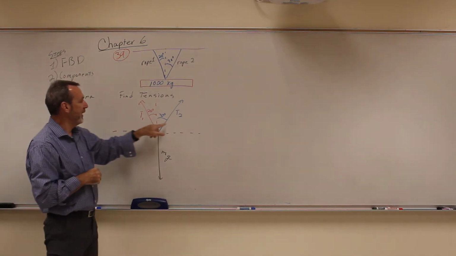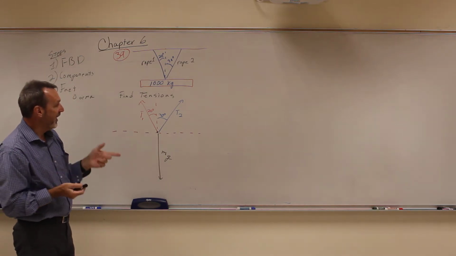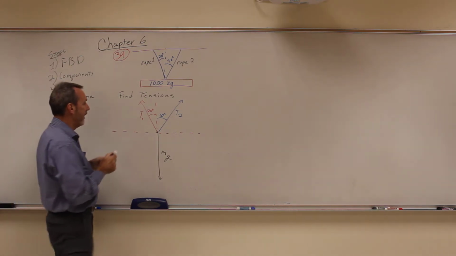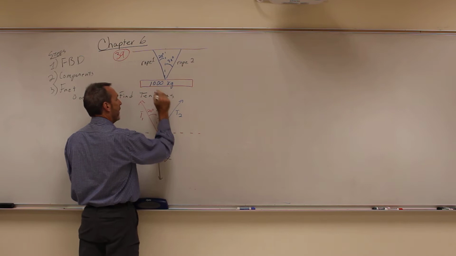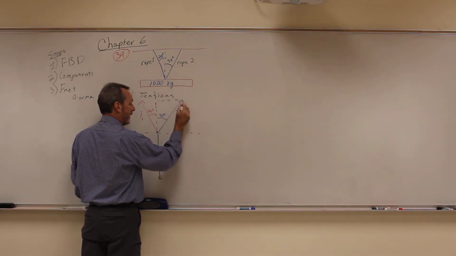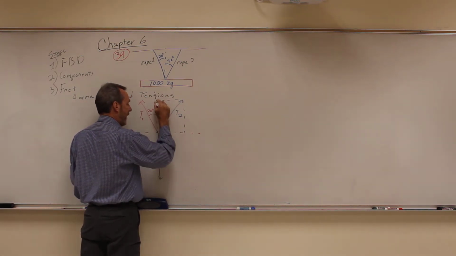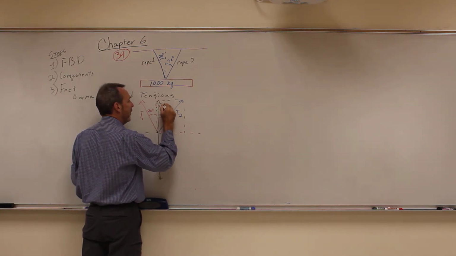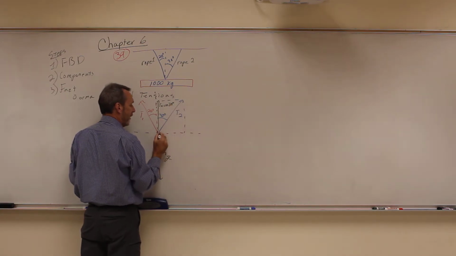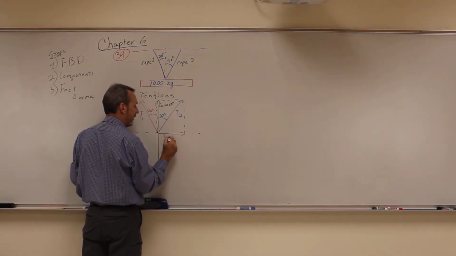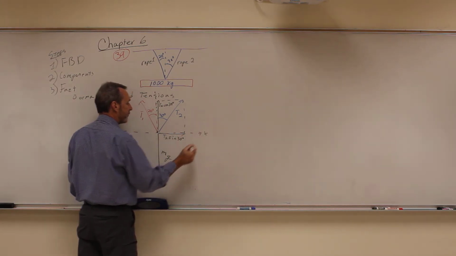Now both tension 1 and tension 2 are not on either axis. And so I need to get their components. So I'm going to have one component of T2. This is T2 cosine 30 degrees in the y direction. And over here I'm going to have T2 sine of 30 degrees in the x direction.